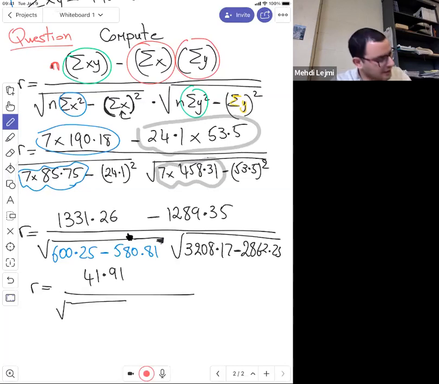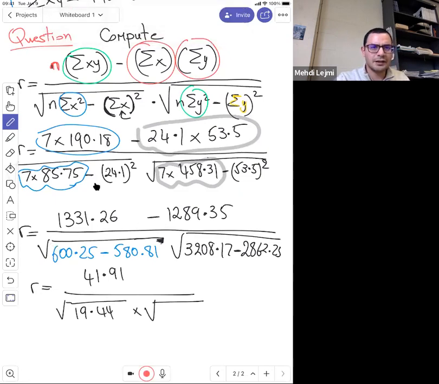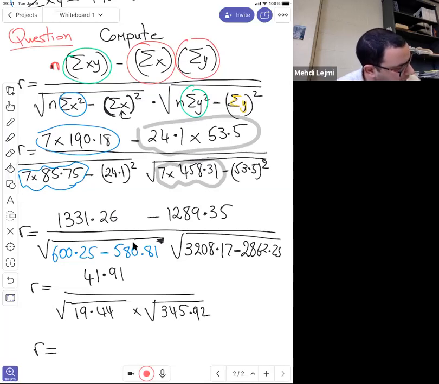So that's actually 19.44 times 3,208.17 minus the 2,862.25, so that will be equal to 345.92. Now you need to take the square root, and then we're almost done.